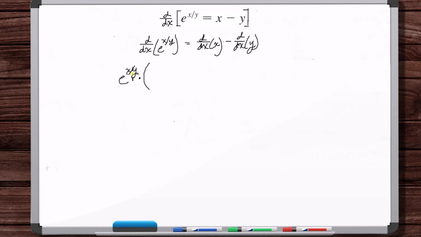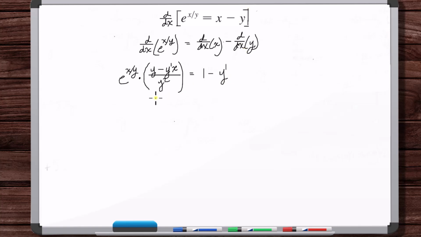What is the derivative of x over y? We need to use the quotient rule. So the derivative of the top, 1, times the bottom, minus derivative of the bottom, times the top, all over the bottom squared. Okay. Derivative with respect to x of x is just 1, and then we've got y prime here. This is just dy dx.